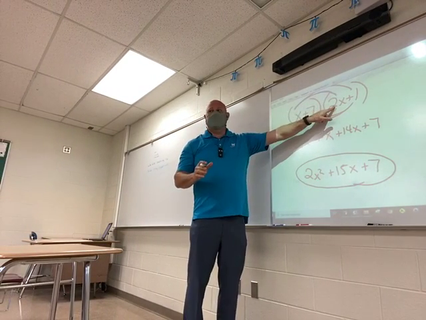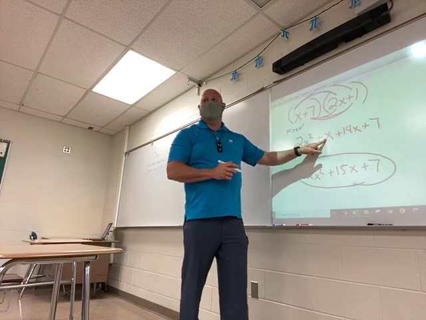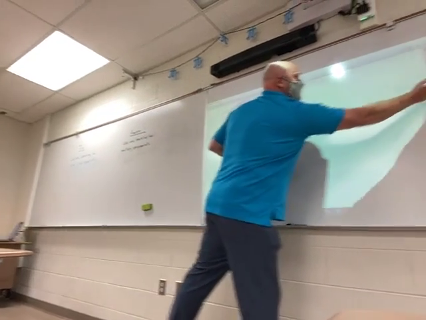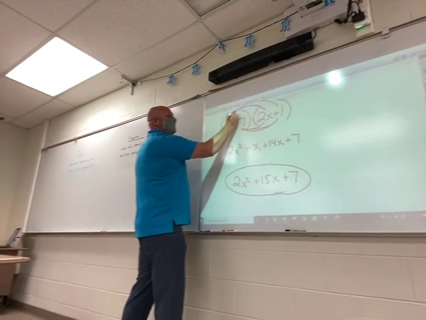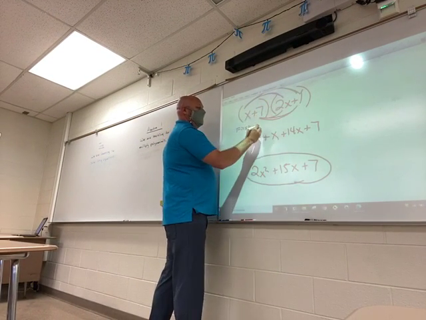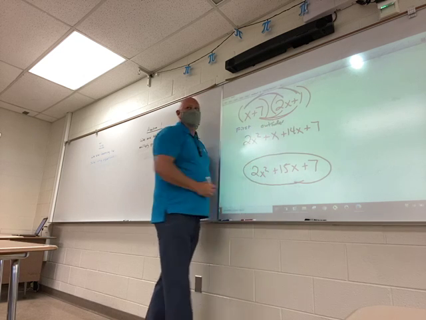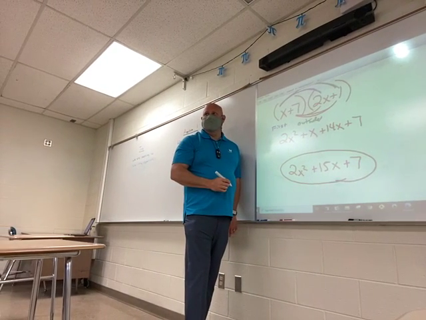The first number here, the first number there. How did we get the single x? Where did that come from? That came from the x times the 1. In other words, we can call it the outside numbers, right? We multiply the outside numbers together.